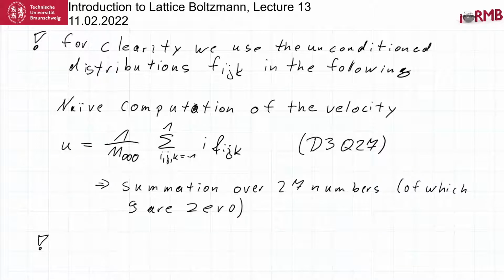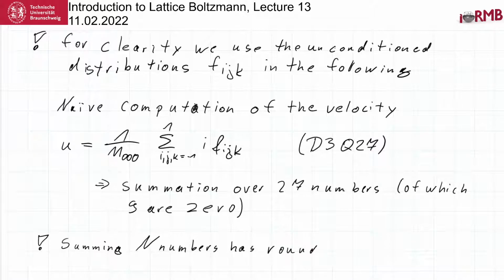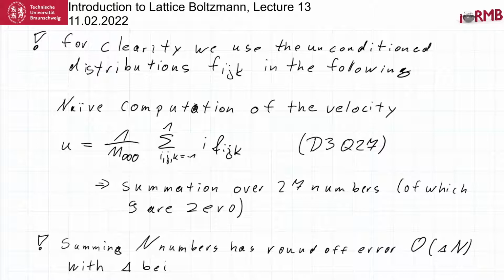Okay, so what is the cost in round-off errors of summing n numbers? This has a round-off error of the order of delta times n, with delta being the value of the least significant bit.